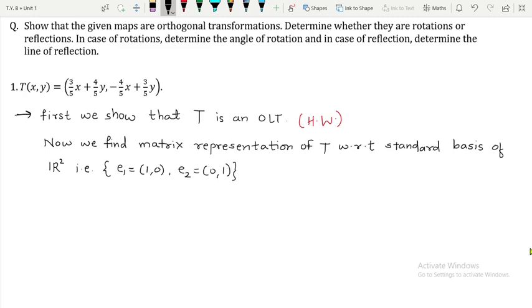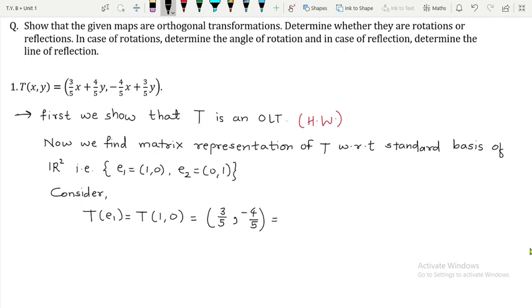So I'm going to find T of E1. Consider T of E1, which will be equal to T of (1, 0). You are going to put x equal to 1 and y equal to 0. So it will be 3 upon 5, and over here minus 4 upon 5.